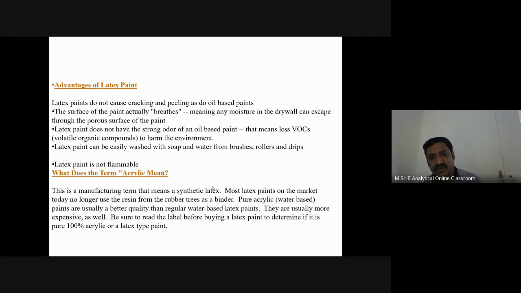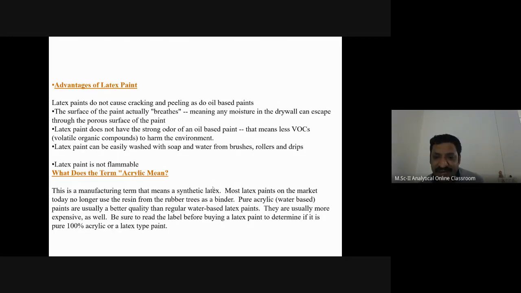The invention of latex paint was from the rubber tree in the 1940s in Canada. But nowadays most latex paints no longer use the resin from rubber trees as a binder. In the old days, rubber tree latex was used as a binder.